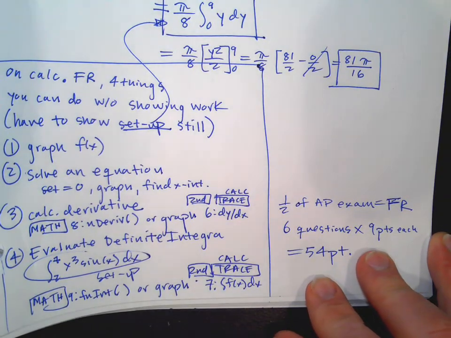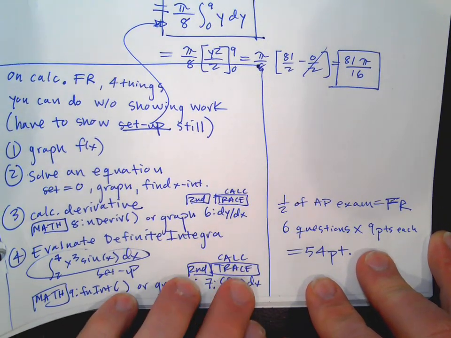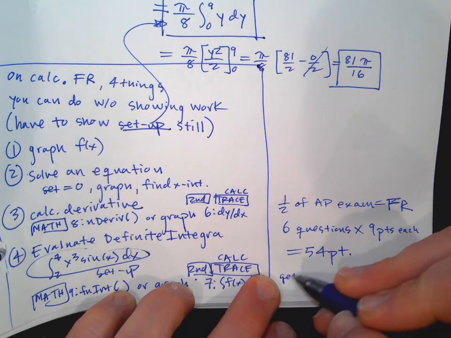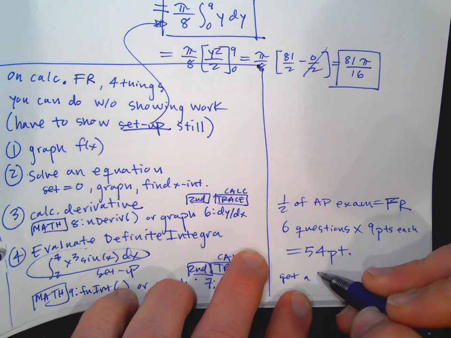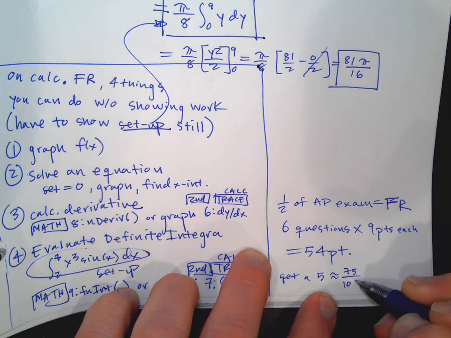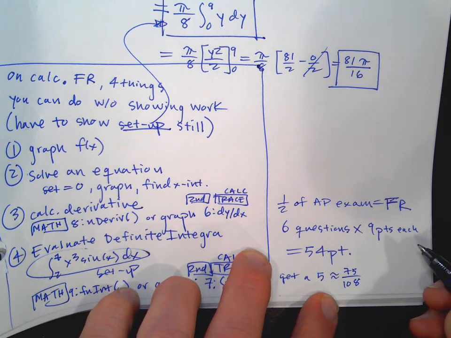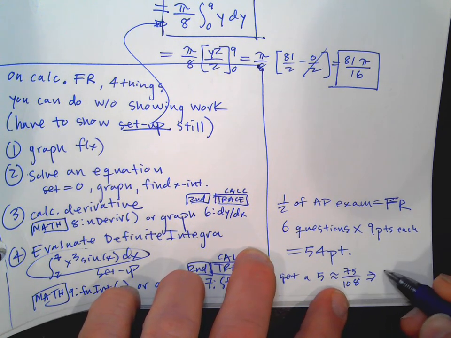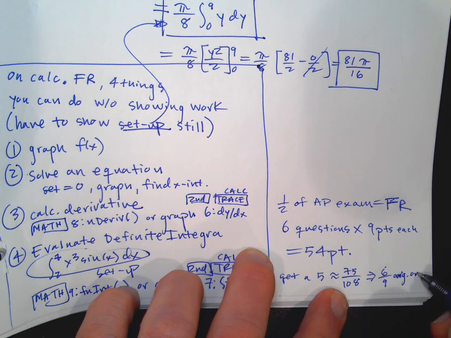Now, to get a 5 on the AP exam, you need maybe about 75 out of 108 points raw score, which means you need to get about 6 out of 9 points on each free response question on average, which should seem doable.